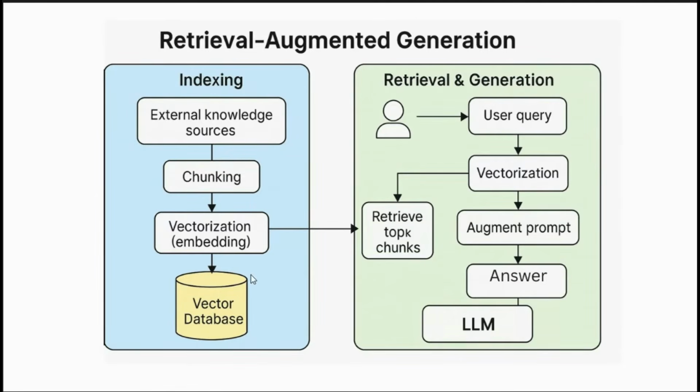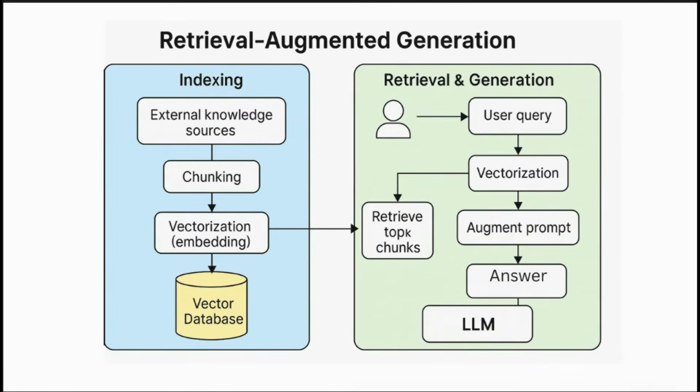By pointing the system to our external knowledge sources, which can be updated daily, and building our own vector database, we are giving the AI access to live, current information. The LLM itself does not need to be retrained. We just update the knowledge it can retrieve. So it helps to solve the knowledge cutoff and domain-specific issues.